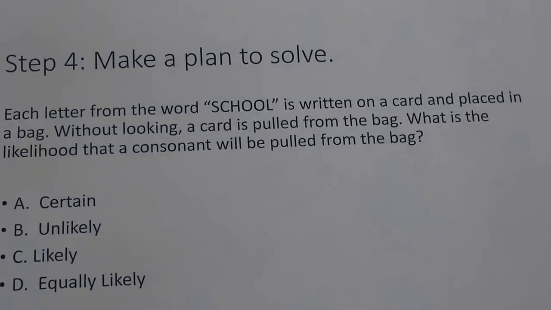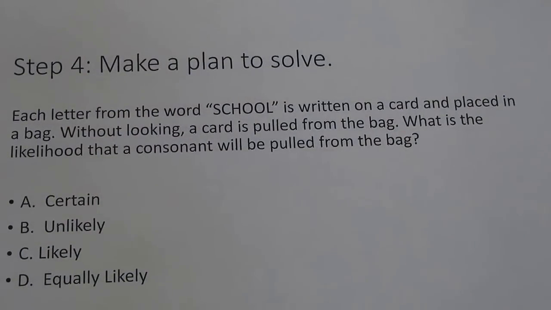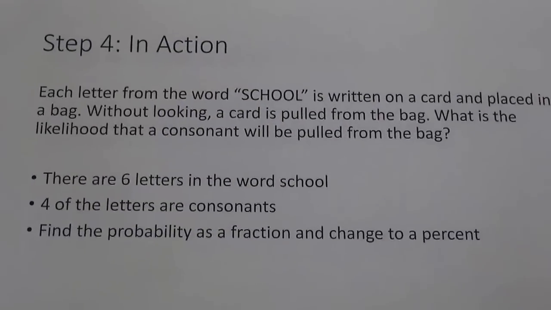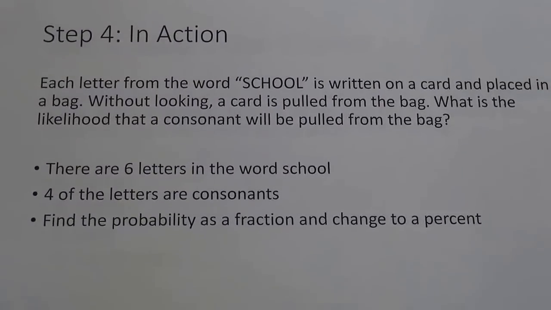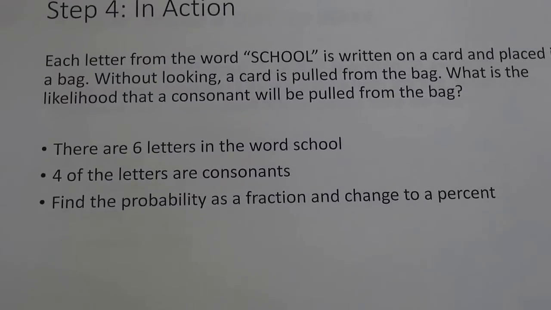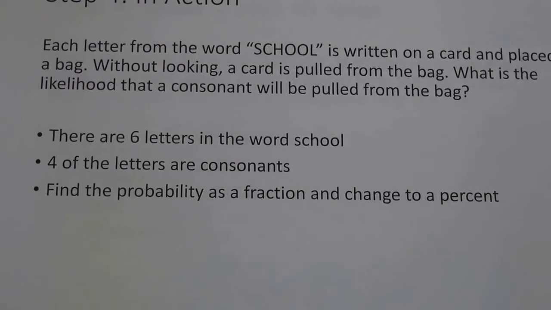Step 4, make a plan to solve. So step 4 in action, our plan is that there are 6 letters in the word school. 4 of the letters are consonants. So we need to find the probability as a fraction and convert to a percent.